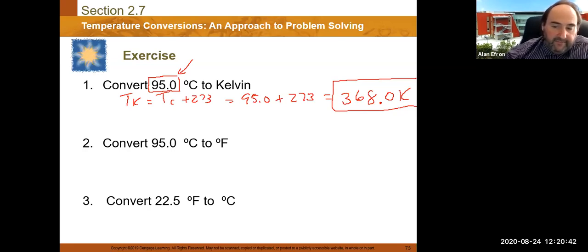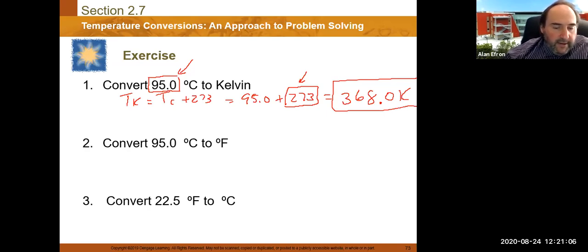And if you did the 273.15, you would round to the 368.2. So any of those answers would be okay, depending on which one you use. And like I said, most people pretty much do just use the 273 on that. Any questions on that case?